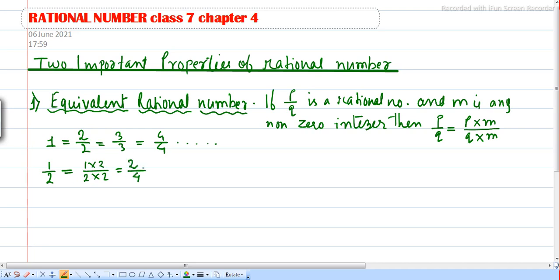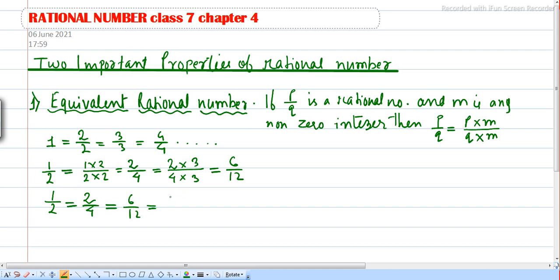So 1/2 and 2/4 are equivalent. Similarly, if we multiply by 3/3, we get 3 2s are 6 and 3 4s are 12. So it is also equivalent to 1/2. So 1/2 is equal to 2/4, which is equal to 6/12, and like this we can go on.